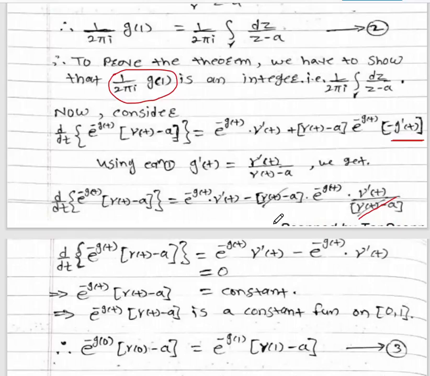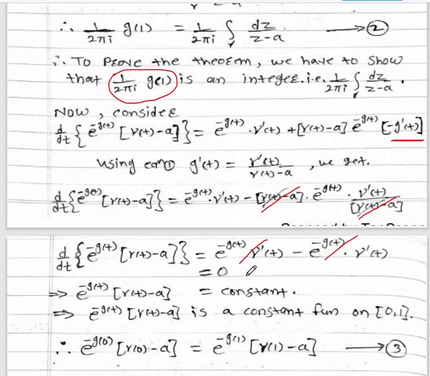So this term and this term will get cancelled. So only remaining term will be d/dt of e raised to power minus g of t into gamma of t minus a, equal to e raised to power g of t gamma dash of t and into this. Okay, so this both will get cancelled, that means we will get 0.